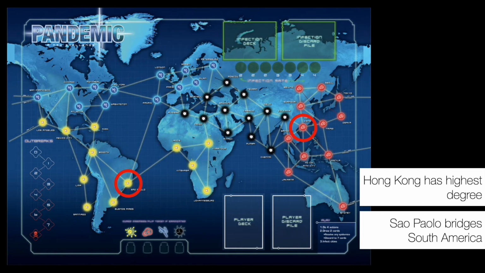If we know that an outbreak is already going to happen, perhaps we want to try and break bridges to keep an outbreak centralized in some location. Whereas if we want to minimize the number of cities that have been infected, then maybe we want to prioritize higher degree cities instead.